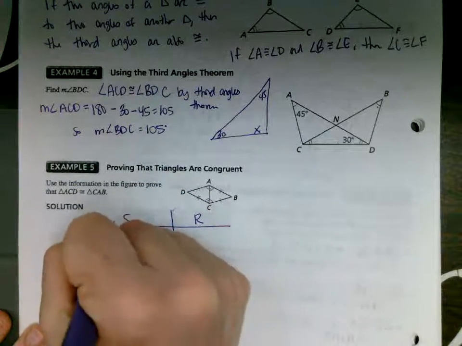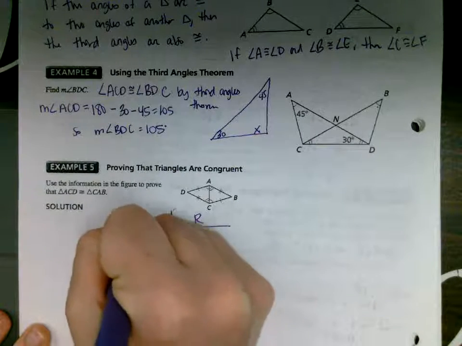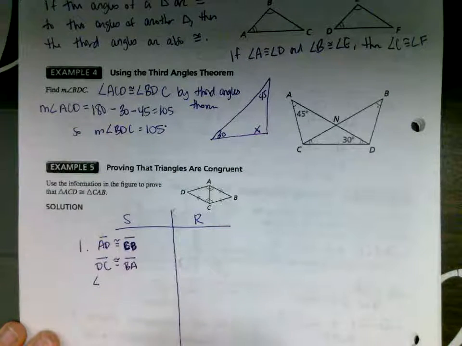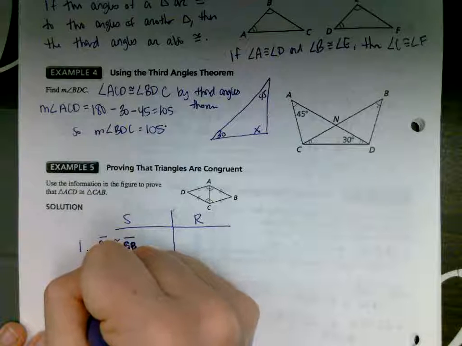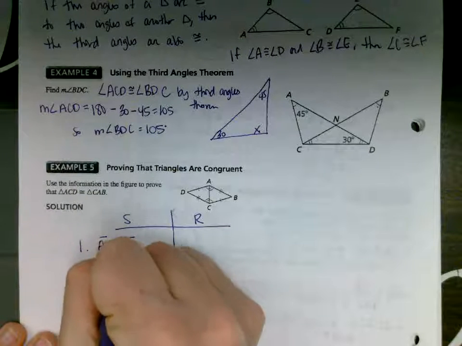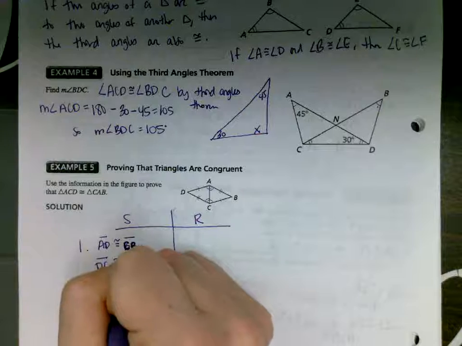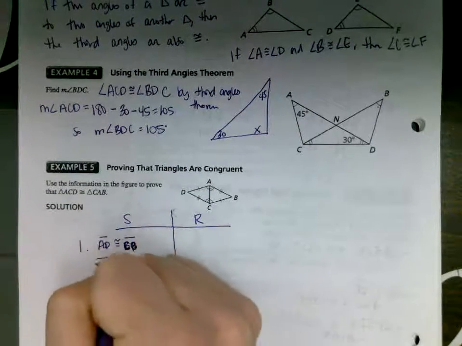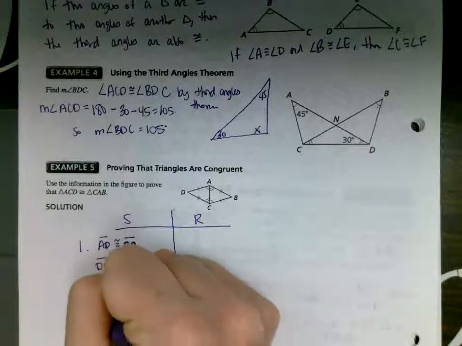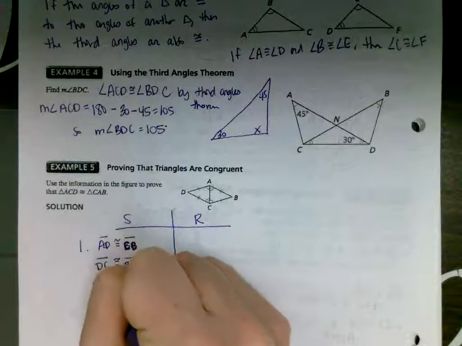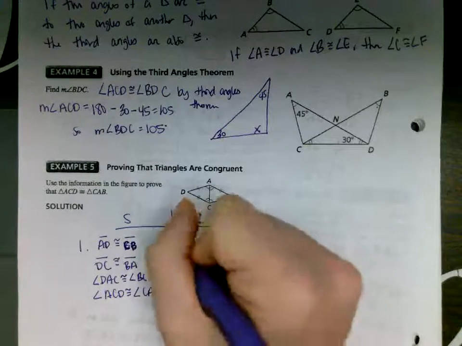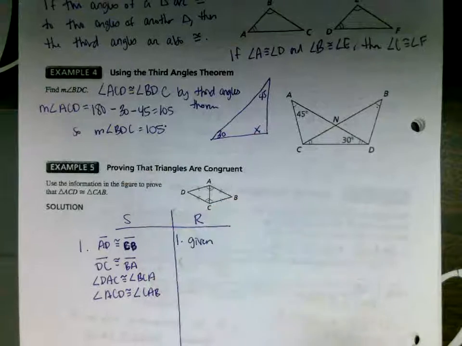And I know that DC is congruent to BA. I know that angle DAC is congruent to BCA. And I also see that angle ACD is congruent to CAB. All of that was given to me in my picture.